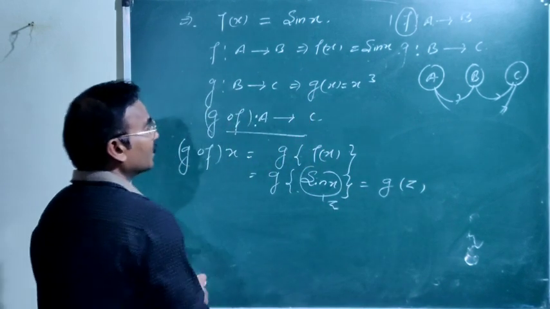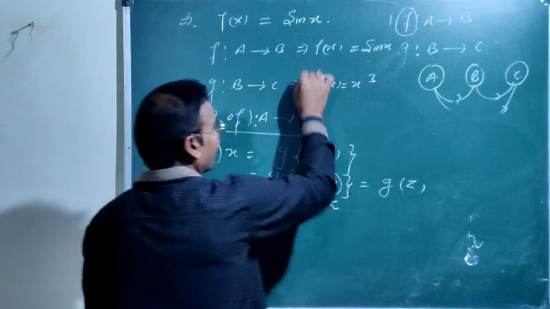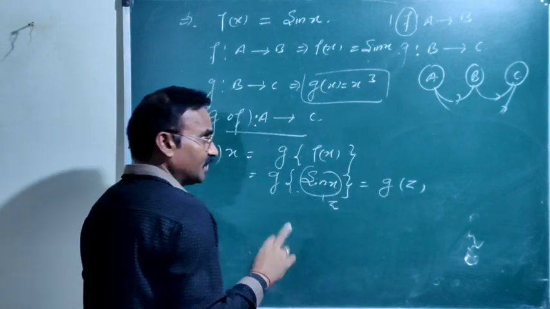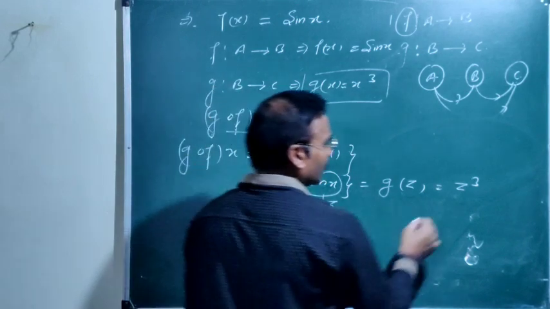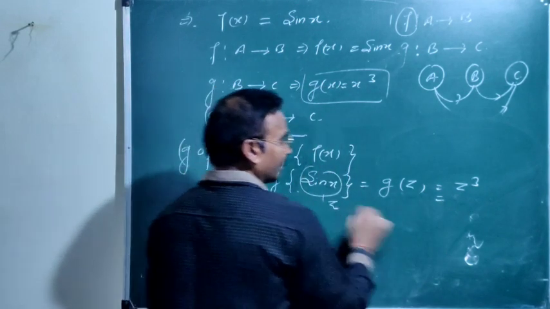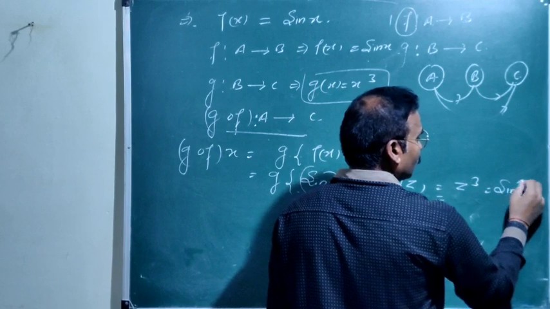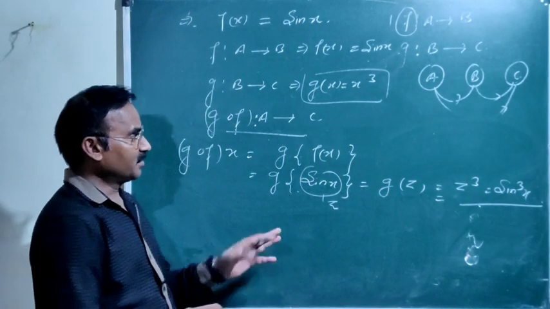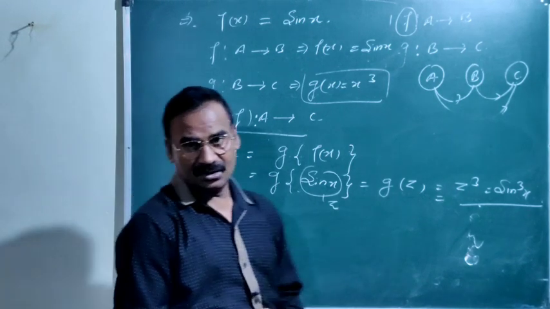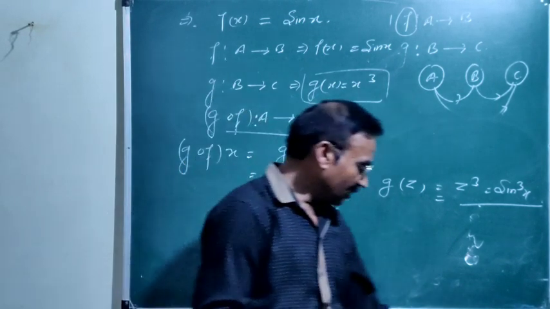Now what is the function g(x)? g(x) is x cube, so what will be g(z)? Okay, z cube. Now what is z? z is sin x, so this is sin cube x. Okay, so in this manner you can find the composite function, a composition of the functions.